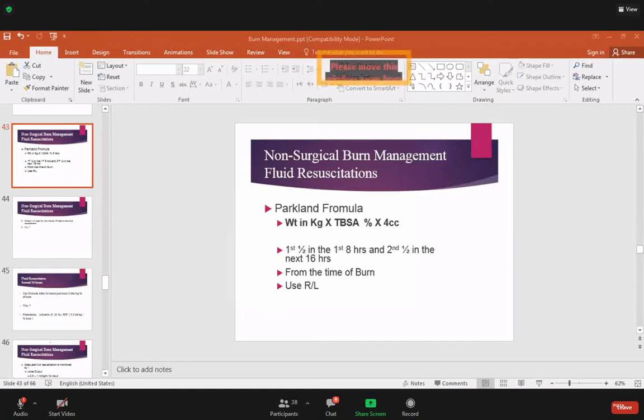I'm writing it in the chat box. It will be easier for you people. 70 kg man with 30% body surface area burnt. Calculate the fluid requirement of this patient for the first 24 hours.